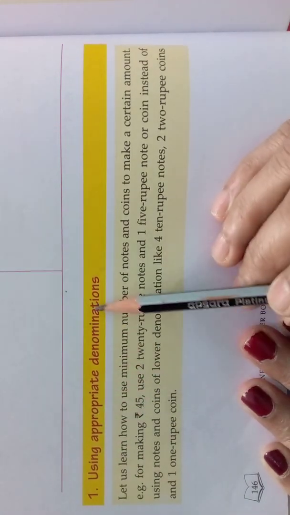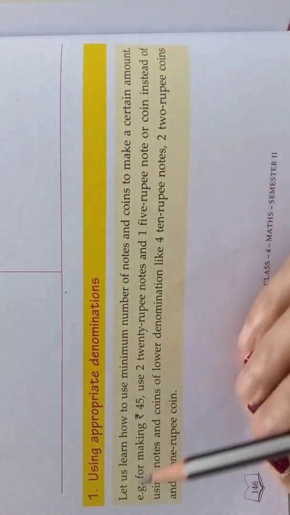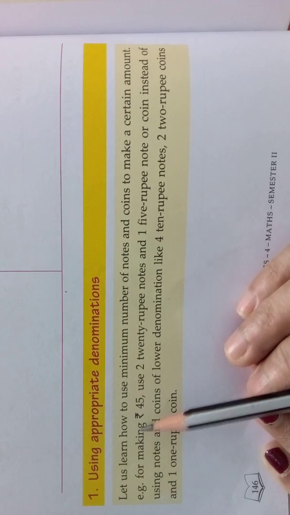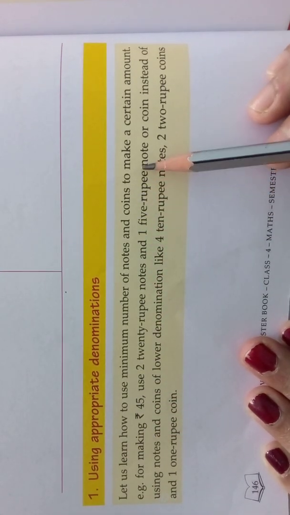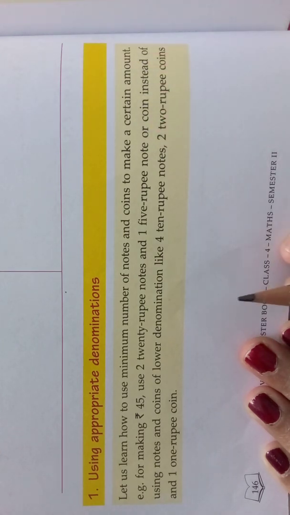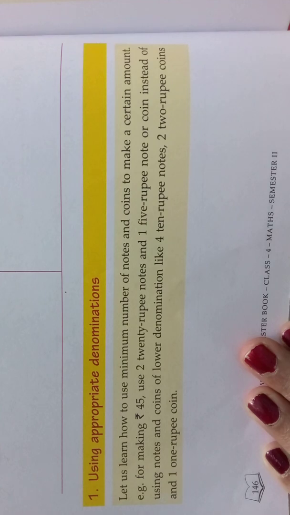Using appropriate denominations. Let us learn how to use the minimum number of notes and coins to make a certain amount. For example, if you want to give somebody 150 rupees, what is the minimum number of notes and coins you will give?